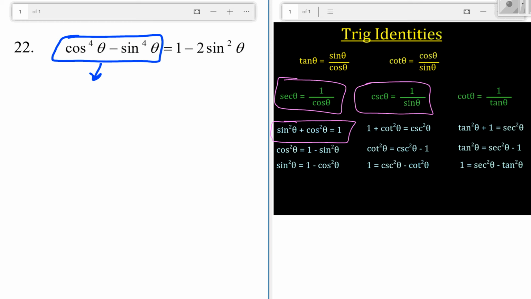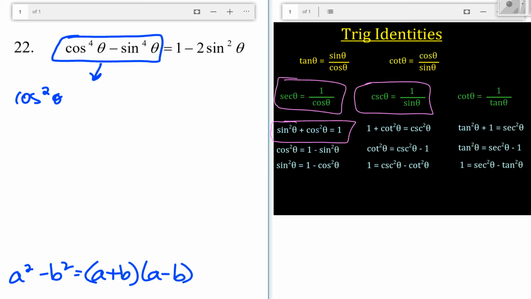Just a reminder, I'll write this at the bottom. If you have a squared minus b squared, this becomes a plus b and a minus b when we factor that. And we're going to be doing the same thing up there. So here we're going to have cosine squared theta plus sine squared theta, and then cosine squared theta minus sine squared theta.